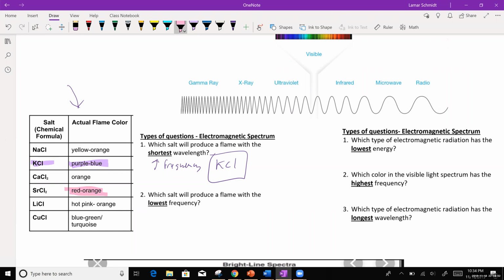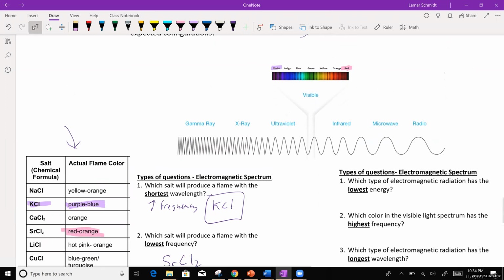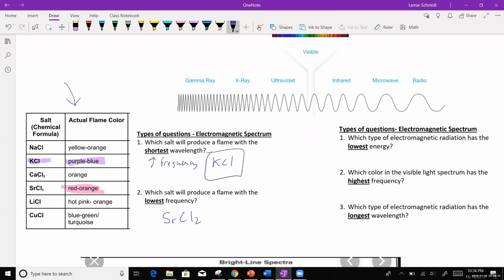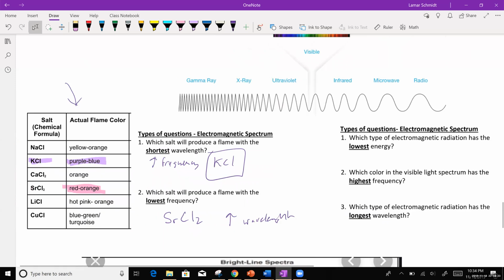Of those choices that we have, SrCl2, and if it also has the lowest frequency, it means it has the highest wavelength, or the longest wavelength. Okay, that's an easy one to answer.